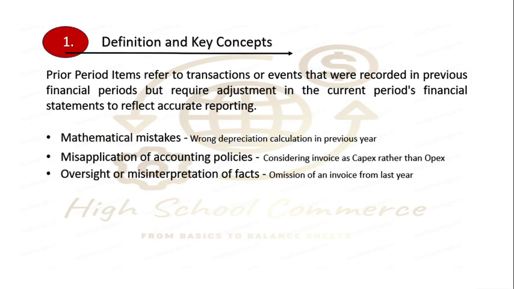Let's have some examples of prior period item. Suppose we are following the WDV method of depreciation, and we have calculated wrong depreciation in say 2020-2021, and because of the wrong calculation of the depreciation, the WDV amount, the written down value of the asset, is wrong, and we are charging depreciation on the wrong written down value.